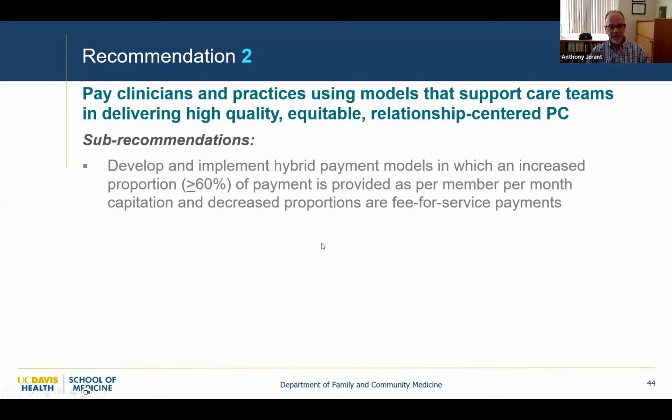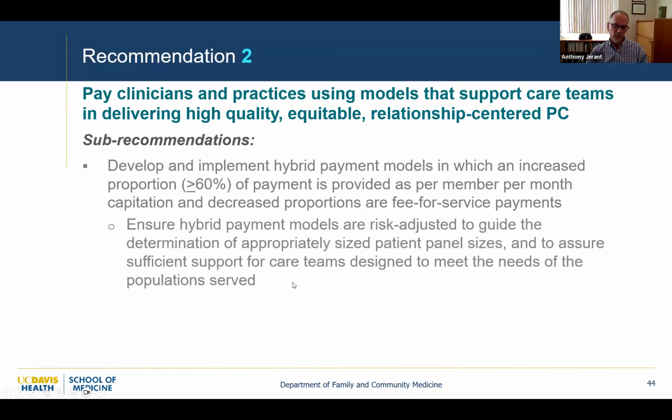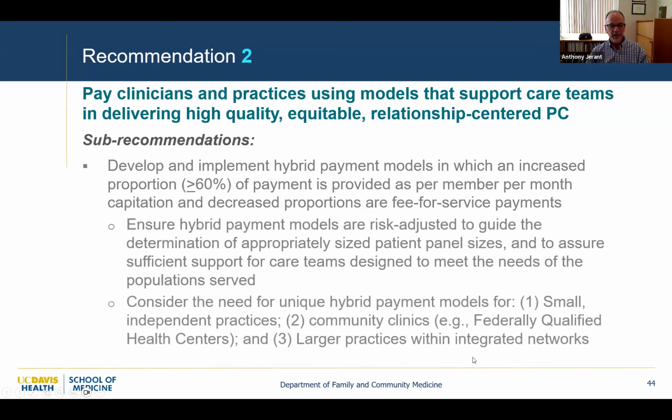And again, that's because that creates enough of an incentive for change, number one, and allows a reliable, steady, predictable amount of upfront funding to support those other team members. And then a lot of emphasis on appropriate risk adjustment, which I won't say a lot about.